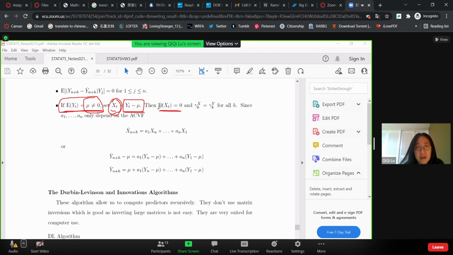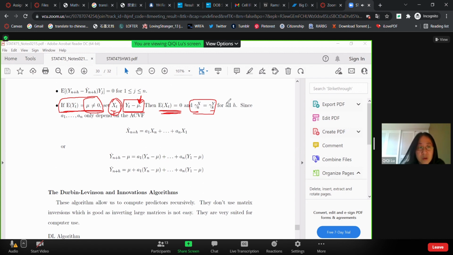Since the mean is a constant, subtracting it won't affect the variance or the autocovariance. So the autocovariance for X and for Y are the same, and you have a 0 mean time series here.